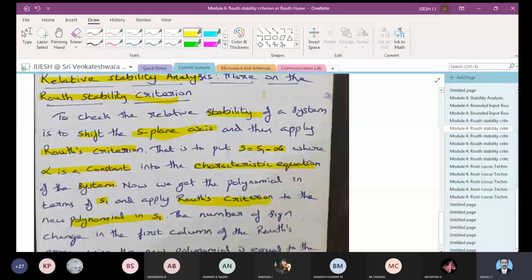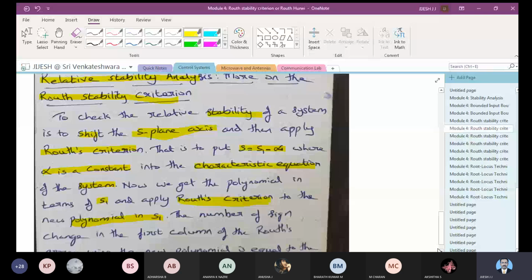I have mentioned before that the sign change is very important in root stability. So that's what we are going to do: count the number of sign changes in the first column of the Routh array using the new polynomial.